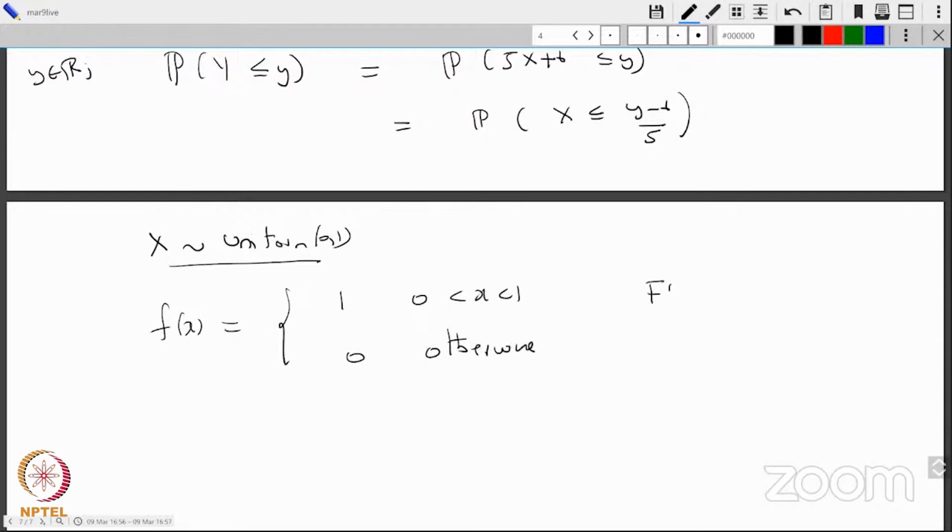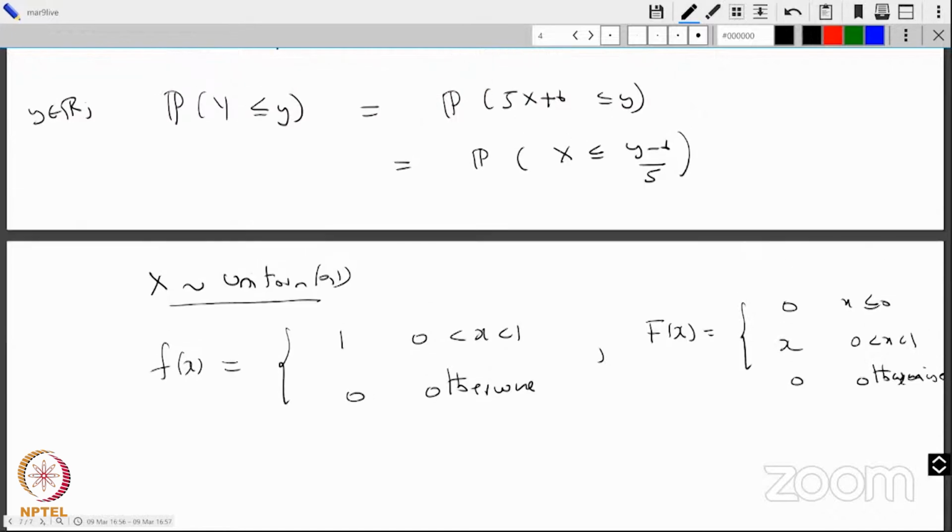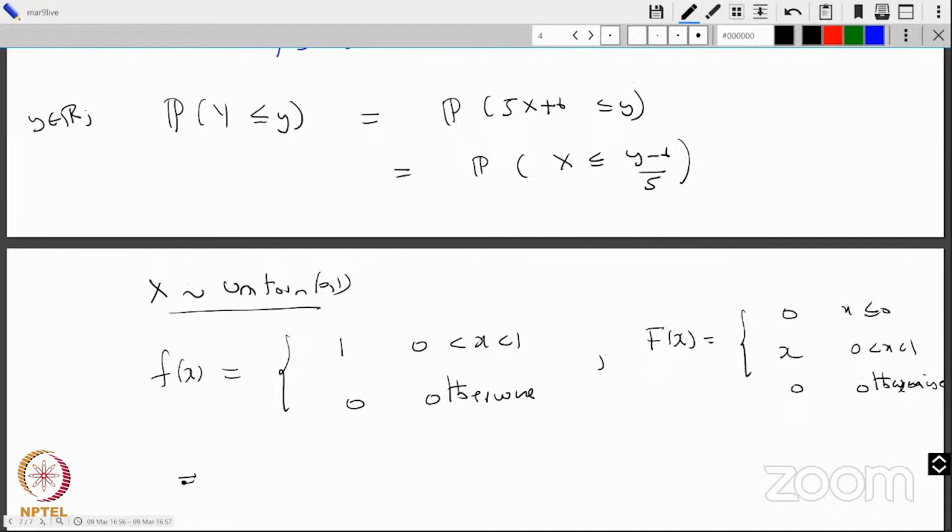And the distribution function F is given by 0 for x less than or equal to 0, x when 0 is less than x less than 1, and 1 otherwise. To get this, simply integrate the density function. Very good.